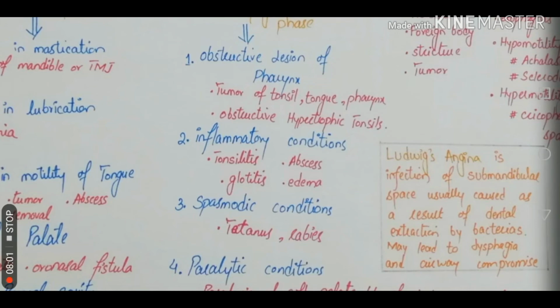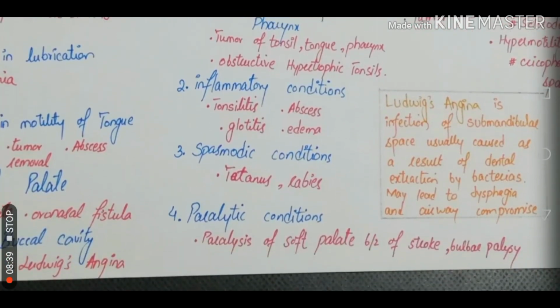Then the inflammatory conditions, for example, inflammation of the pharyngeal structures, such as tonsillitis, glottitis, and edema, which could be in the case of a burn. An abscess similarly will cause narrowing of the lumen of the pharyngeal portion and it will cause dysphagia. Then comes any spasmodic condition, for example, tetanus, rabies. Then are the paralytic conditions, for example, paralysis of the soft palate because of stroke or bulbar palsy could also be an etiology.